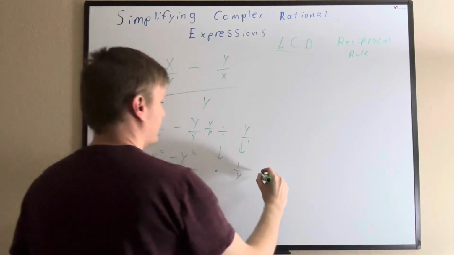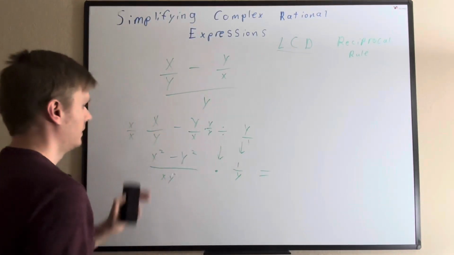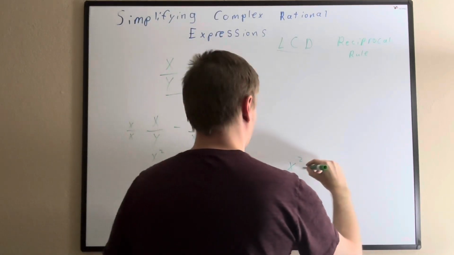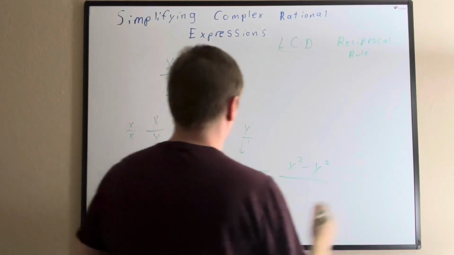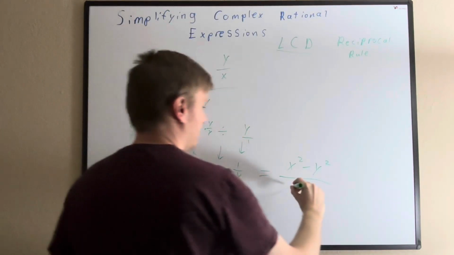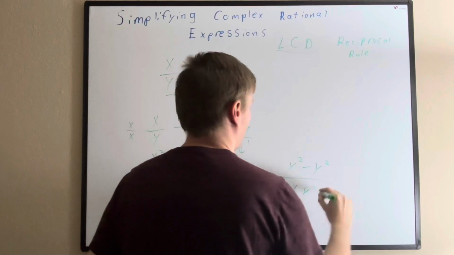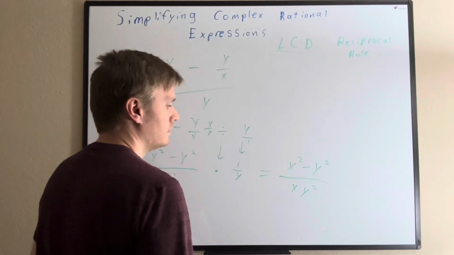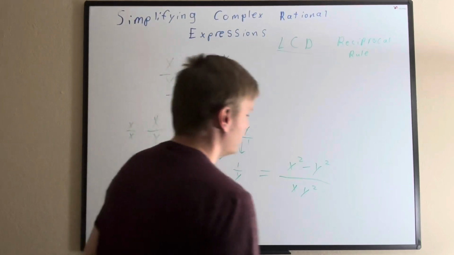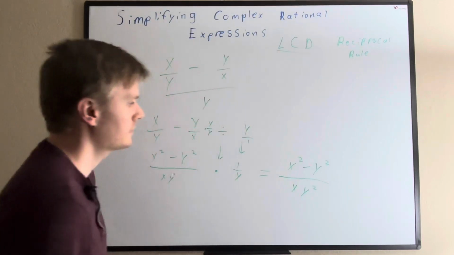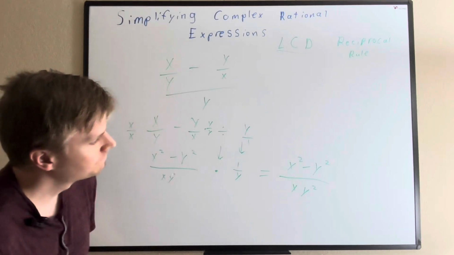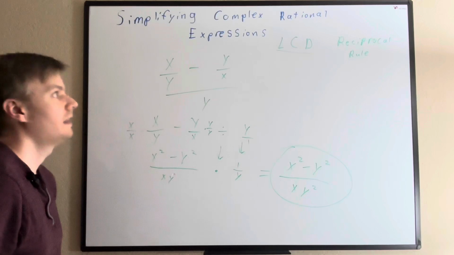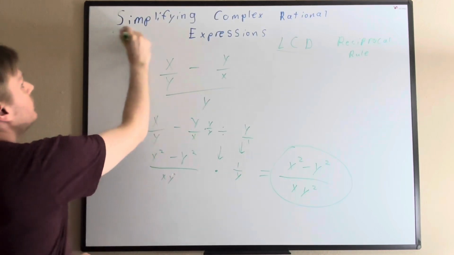Now we multiply them together. 1 times anything is just the anything. y times xy would be xy squared, always in alphabetical order. And there's your answer. It is really that simple.